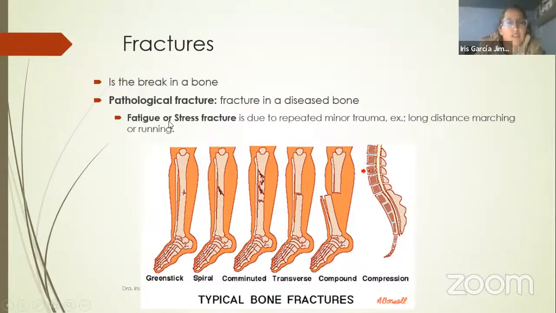For example, the fatigue or stress fracture, due to repeated minor trauma, for example, long distance marching or running. And the typical bone fractures and classification: the greenstick for kids, the spiral, the comminuted, the transverse, the compound, and the compression, the most common situations we could find.